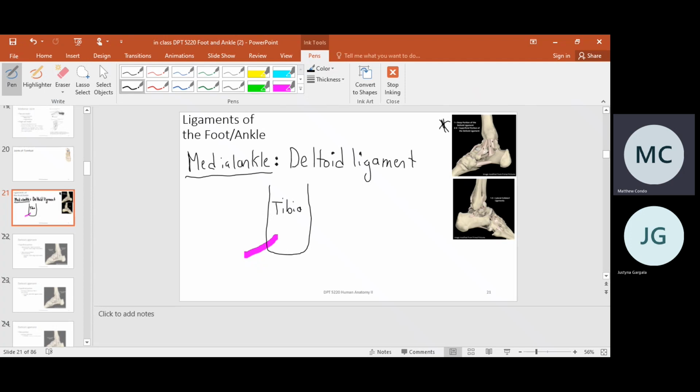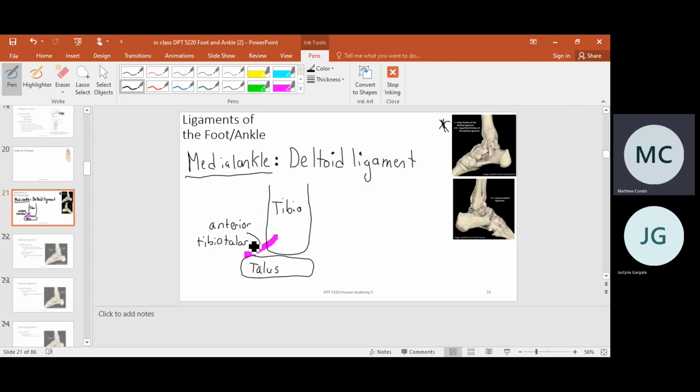So if we draw in my little talus, this is going to be my anterior tibio-talar, right? Says what it is what it says.